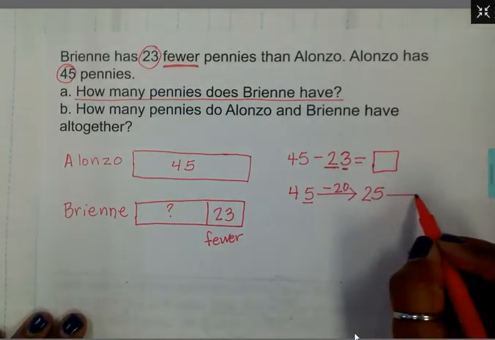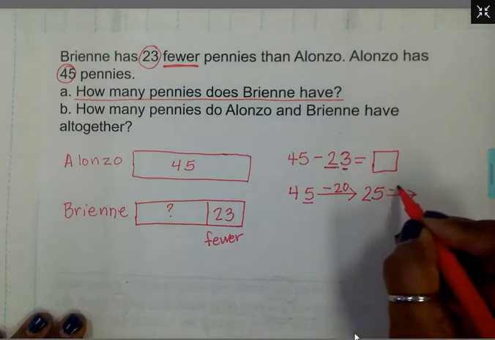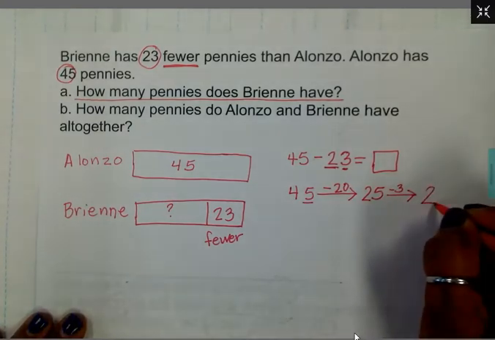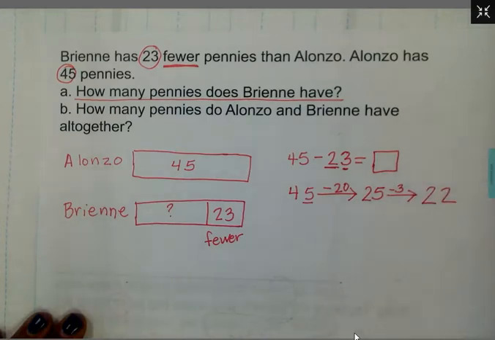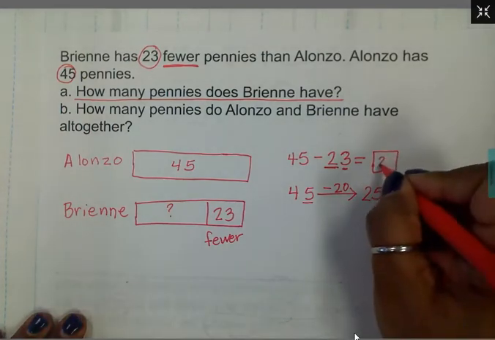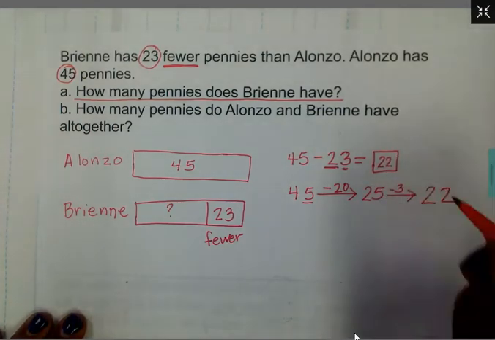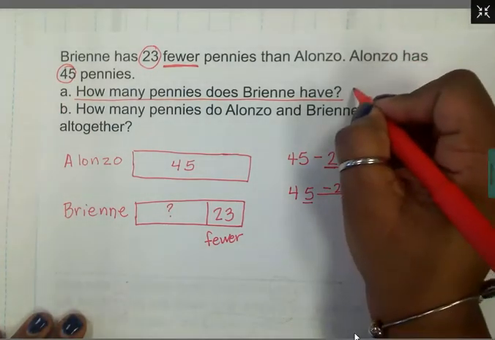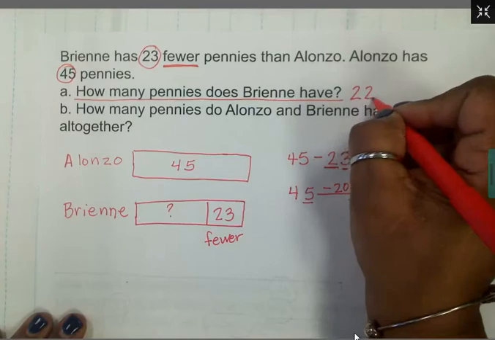Then we have to subtract 3. That gives us 22. So now we know that Brienne has 22 pennies. That's part A, 22.